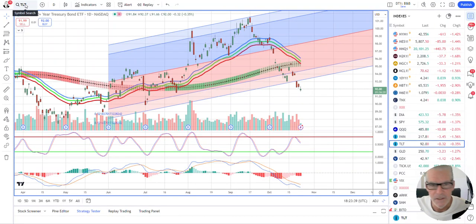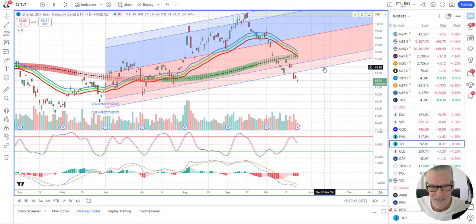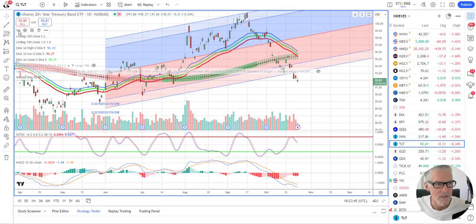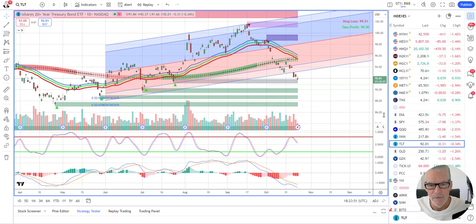If we look at TLT, we're not going to see that kind of support. There's really not a whole lot of support, although let me show you something that I like to put on this chart. The supply-demand pro indicator will give me levels of parallel price support from which the price of the underlying has bounced sharply.